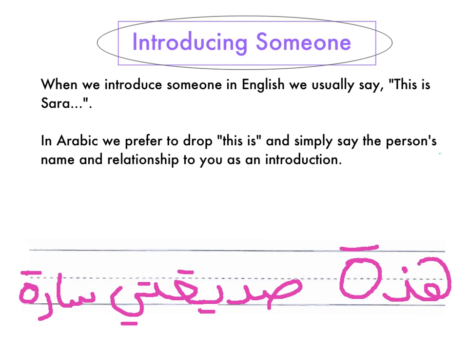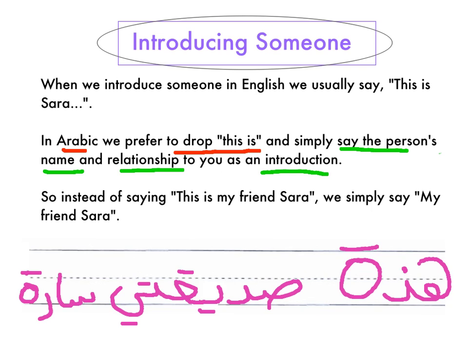In Arabic, we prefer to drop this is and simply say the person's name and relationship to you as an introduction. So instead of saying this is my friend Sarah, we simply cross out هذه and say my friend Sarah. صديقتي Sarah.